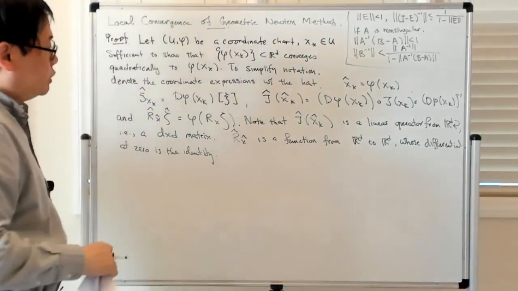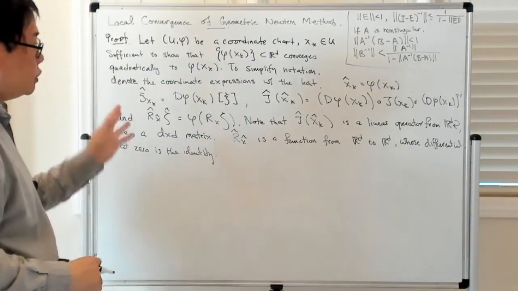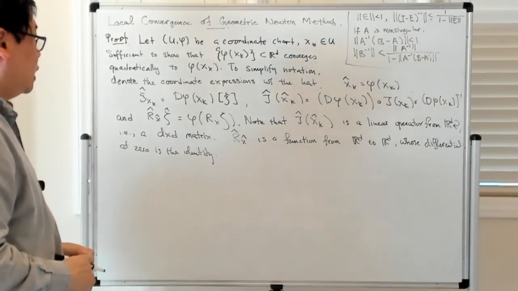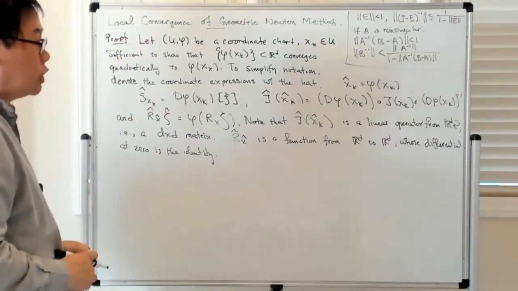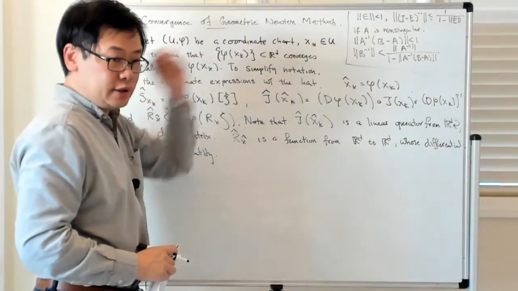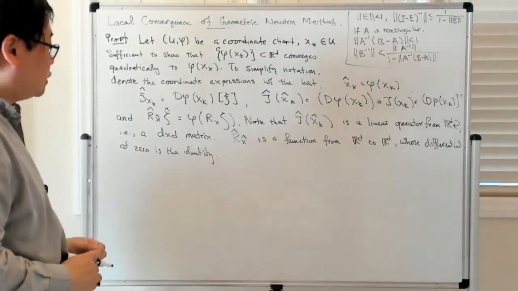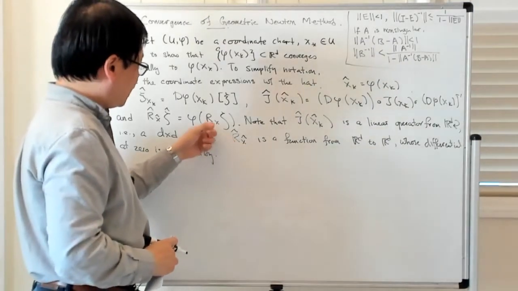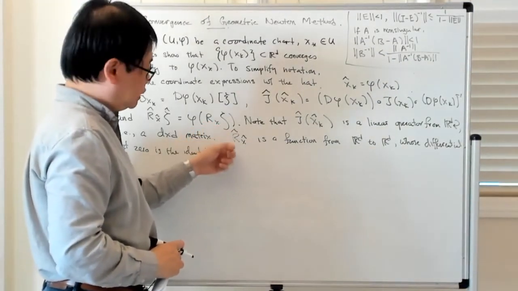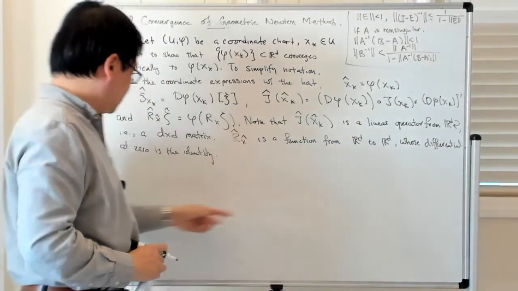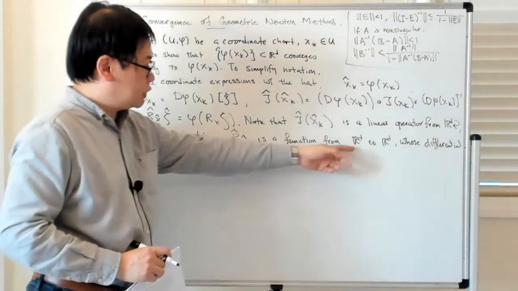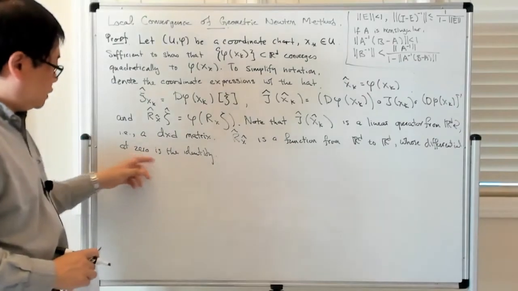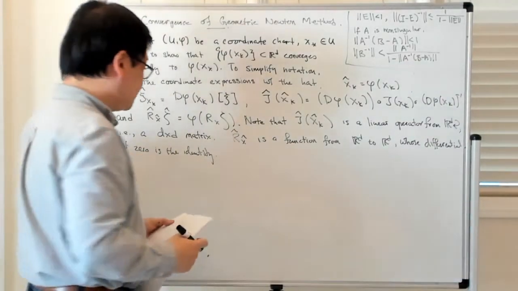Again, what we're trying to do is write everything in local coordinates with respect to a coordinate chart which contains the distinguished point x star, which is at 0, the vector field, and the fact that R is a retraction manifests itself when you take the derivative of this function from Rd to Rd. At 0, it gives you the identity matrix.